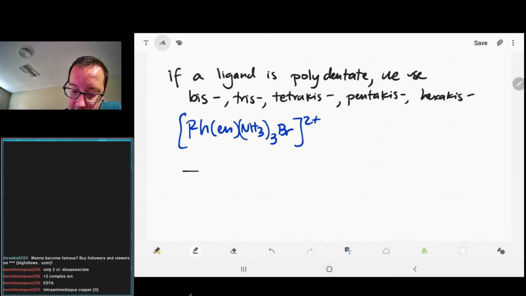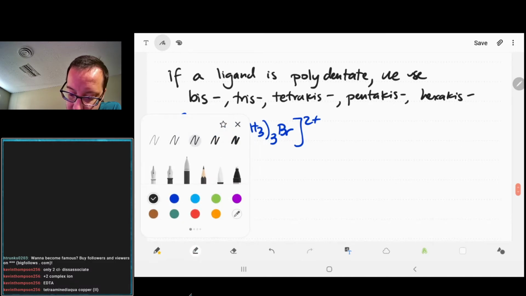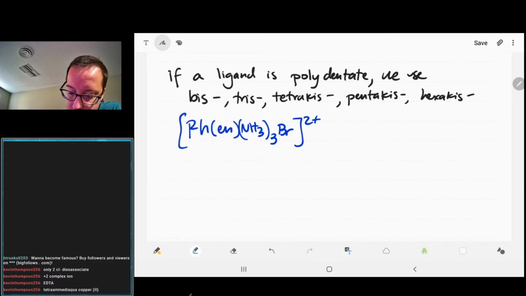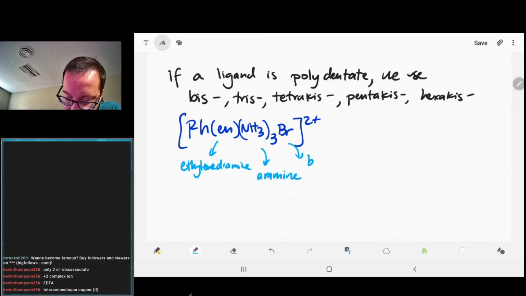We have to take a look at our naming of all these, right? This is ethylenediamine. This is amine. And this will be bromo.